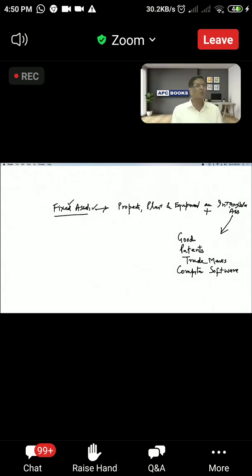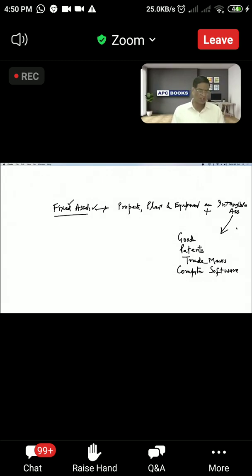This point is to be emphasized to the students, that intangible assets are to be added in fixed assets for calculating this ratio. Then average inventory, inventory turnover ratio, gross profit ratio. We are taking the solution below. You are reading the solution.